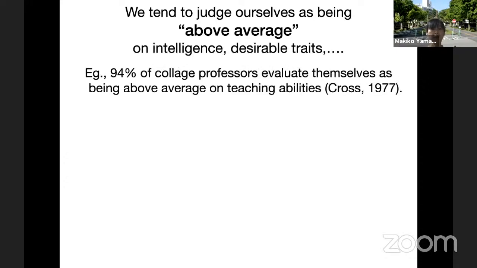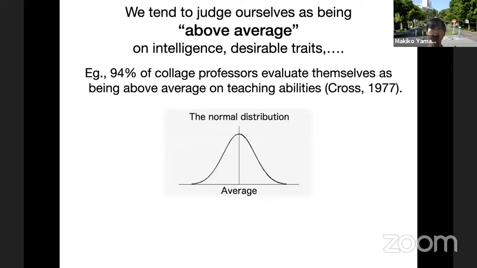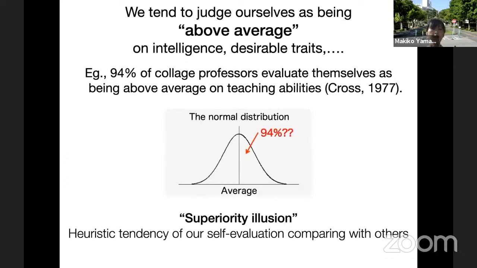For instance, the study conducted by Cross indicated that 94% of college professors evaluated themselves as being above average in teaching abilities. So this is unlikely to happen, called superiority illusion. This happens when we compare ourselves with others. We put ourselves a little bit better than average.